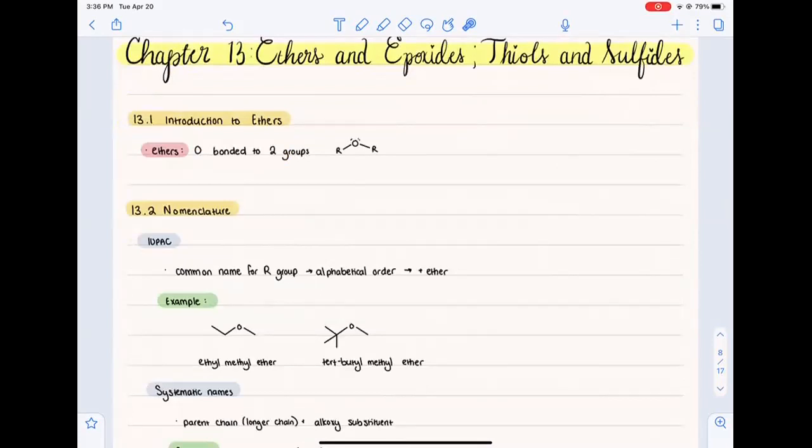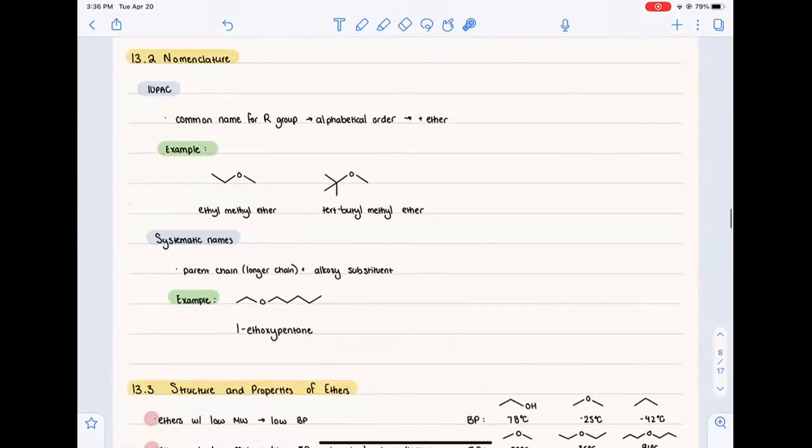Over here we have introduction to ethers. That's what an ether looks like. Nomenclature, there's a couple different ways to do it. There's the IUPAC and then the systematic name, and I'm pretty sure that Dr. Dowdy might ask for maybe both.